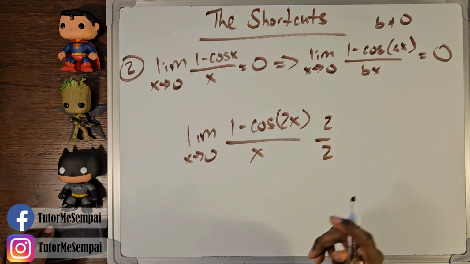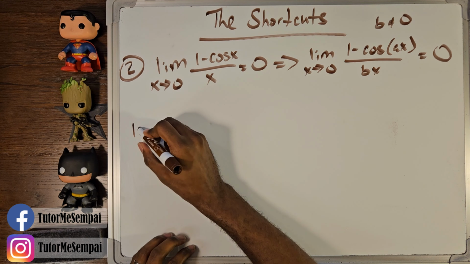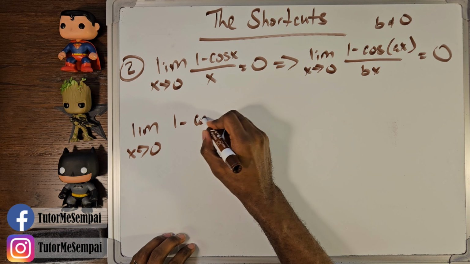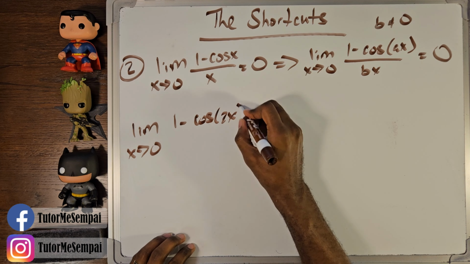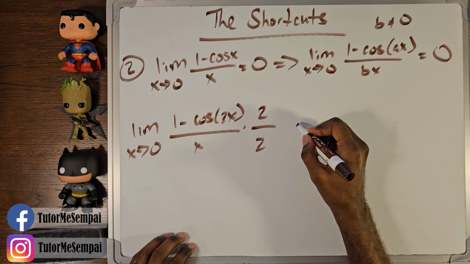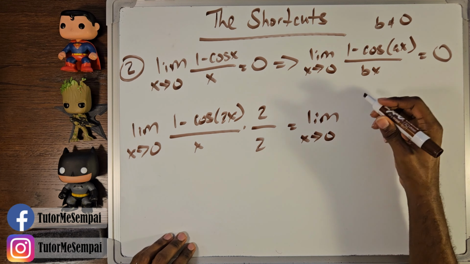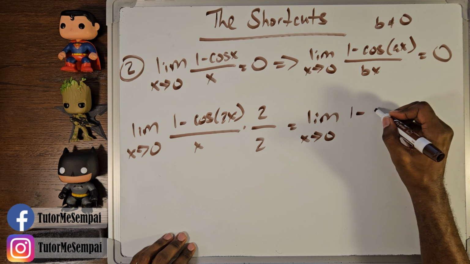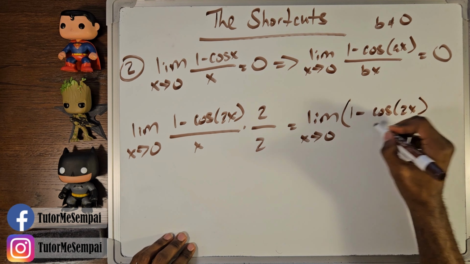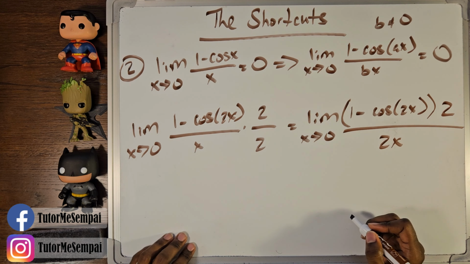And when we do that, let's actually rewrite this to give us a little bit more space. So it was the limit as x goes to 0 of 1 minus cosine of 2x over x. And we multiply top and bottom by 2. And that gives us the limit as x goes to 0 of 1 minus cosine of 2x times 2 over 2x.